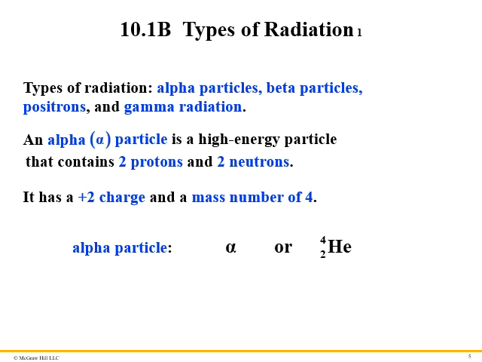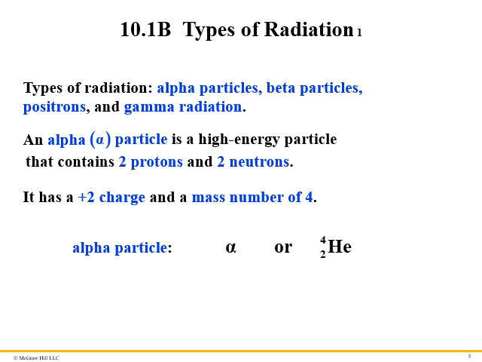Now, when we talk about this high energy radiation, it can happen via one of 4 different types of radiation. We call them alpha particles, beta particles, positrons, and gamma radiation. We're going to talk about each of these and what they entail. So let's start with alpha particles.